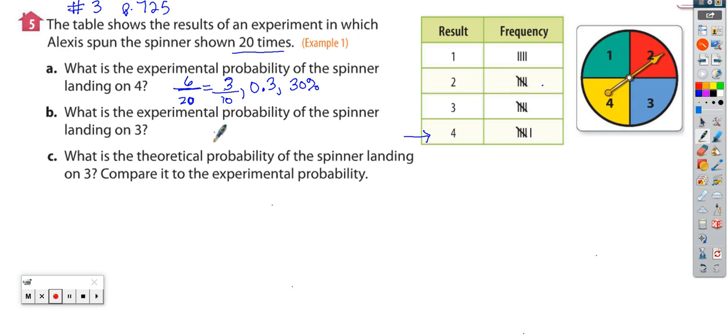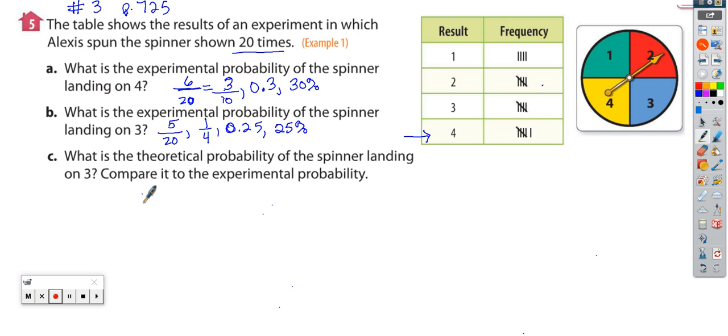Okay, so the experimental probability of the spinner landing on 3, it landed on 3 5 out of the 20 times. That is 1/4, which is 25/100ths as a decimal and 25% as a percent. What is theoretical probability of the spinner landing on 3?